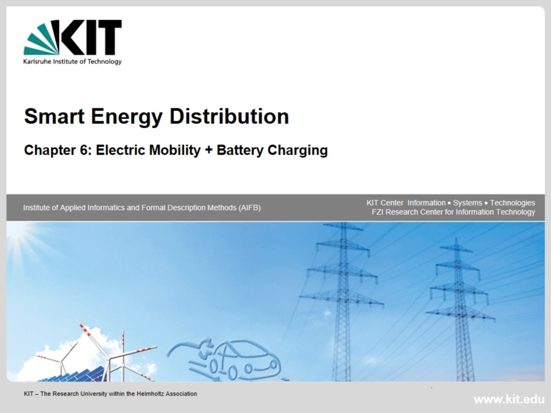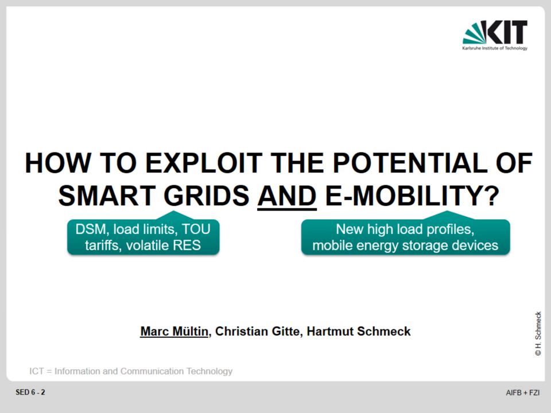In this chapter, I will just tell you a story about how to exploit the potential of smart grids and e-mobility, how we can actually provide the necessary energy for driving and do it such that privacy is protected and mobility is guaranteed and so on, and the requirements of the grid can be respected.